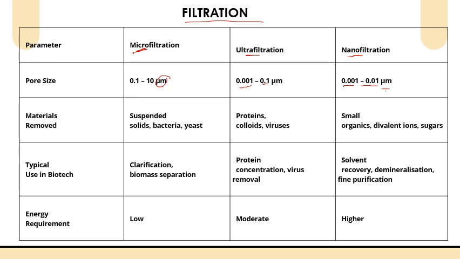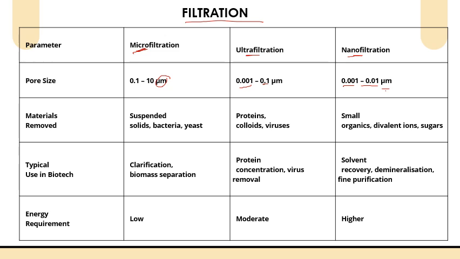But this method requires high pressure, so it requires more energy, and it requires a different type of membrane because you are going to filter very small molecules. So it will require high energy because you have to apply high pressure. And you need a membrane that could actually sustain the application of high pressure.